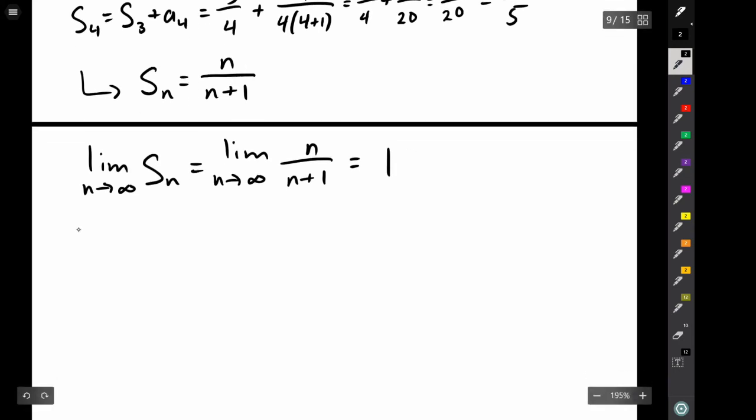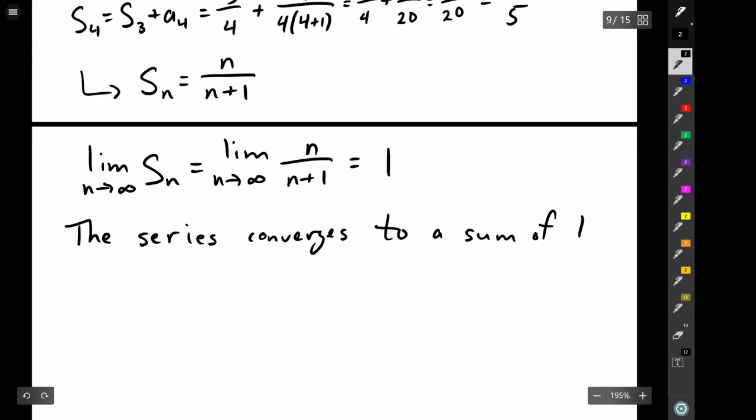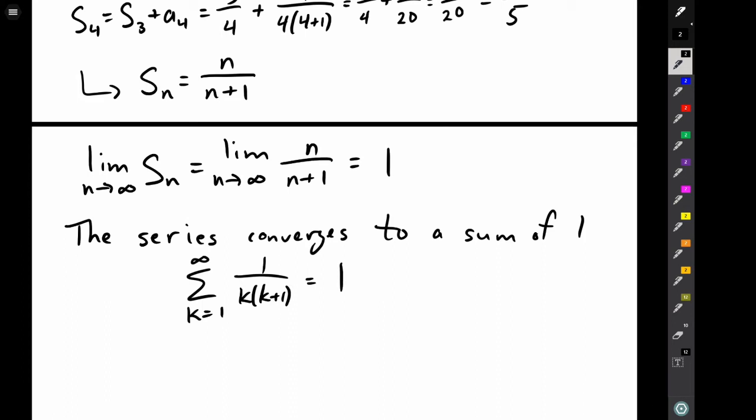So this means the series converges to a sum of 1. We would say the series from k equals 1 to infinity of 1 over k times k plus 1 is equal to 1. And there we go.